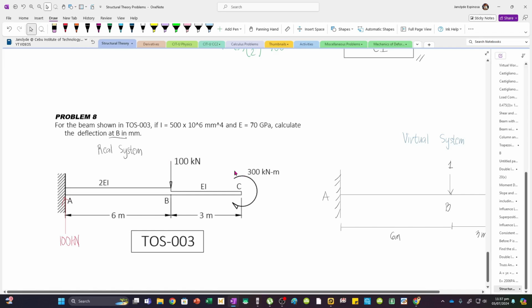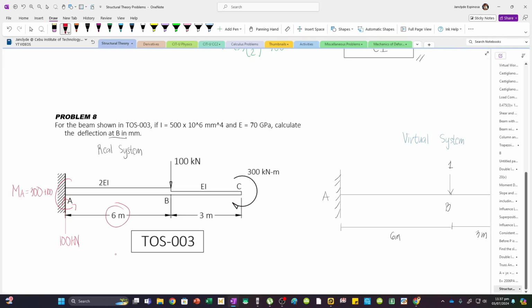Kasi diba, this is only a moment load. So this is only the vertical load. And then we have a moment reaction, sabihin natin MA, this is 300, the clockwise load, plus 100 multiplied by 6. So 100 times 6. This gives us 900.